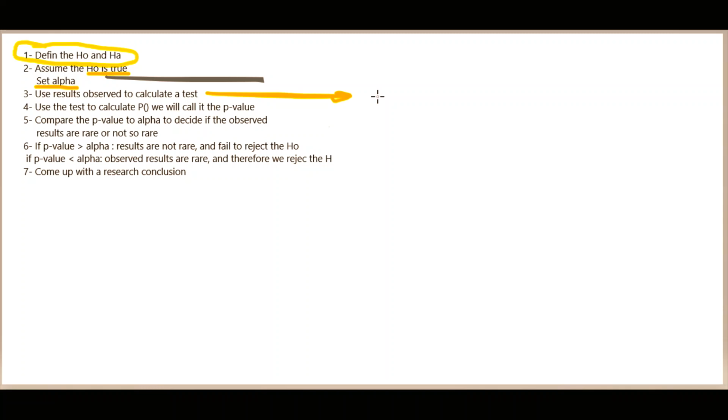We calculated the probability. But many times you'll see that in research, to get to that probability, you need to calculate a test. So it's either you're going to calculate the z-test or the t-test, depending upon the scenario that you have in front of you. So step number 3 is using the sample, using your results, you're going to calculate a test.